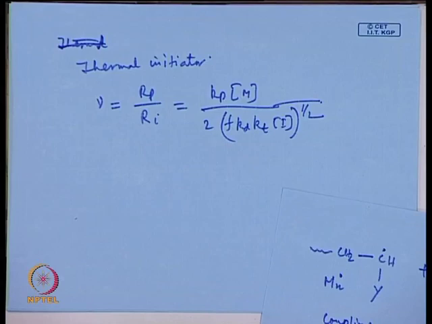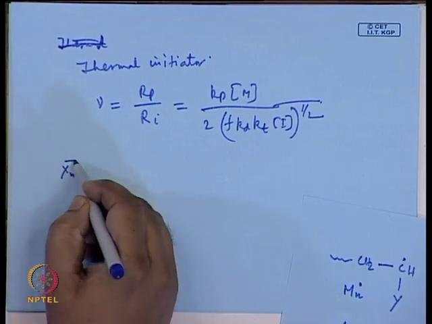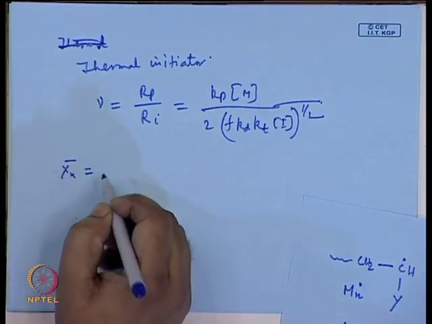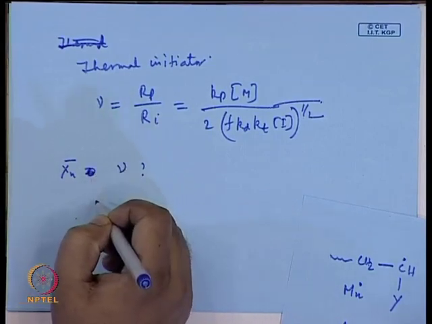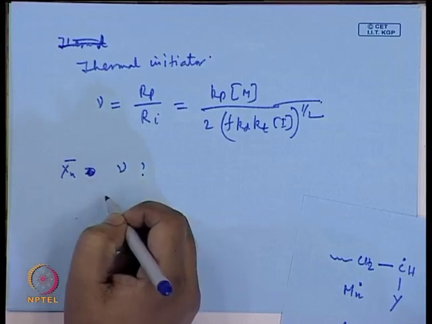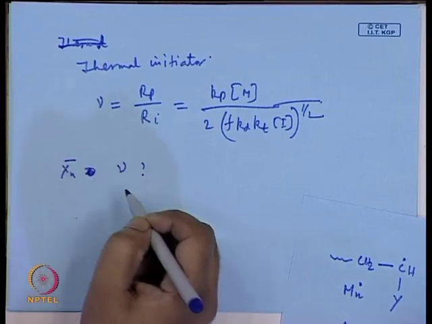So, what is the relation between the average degree of polymerization and nu? How are these related?